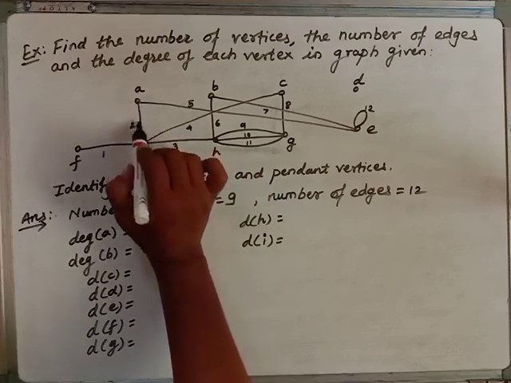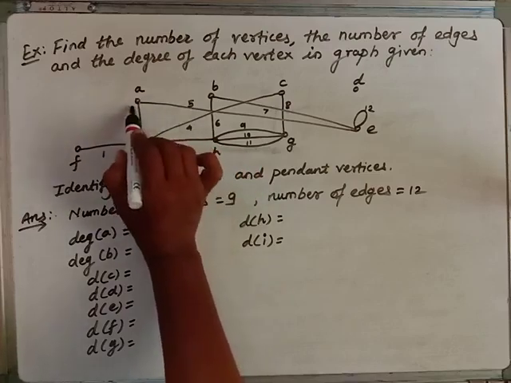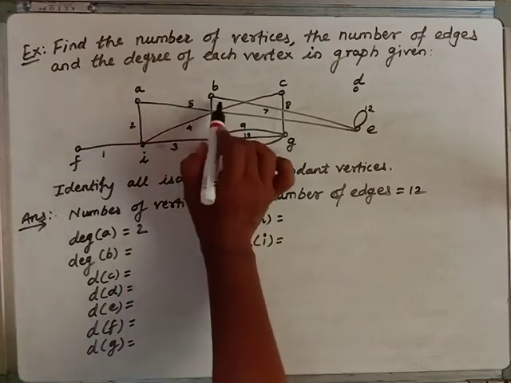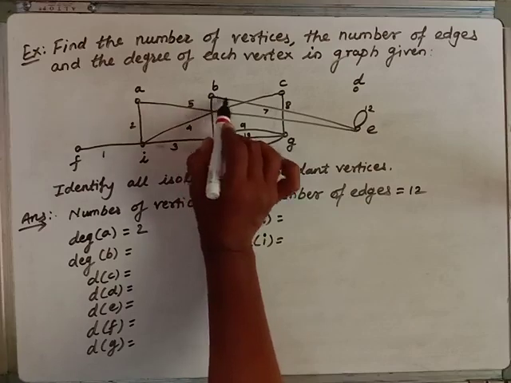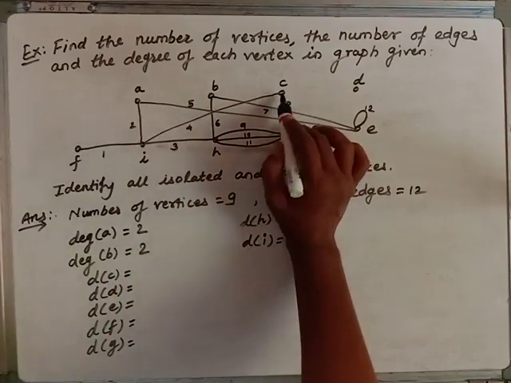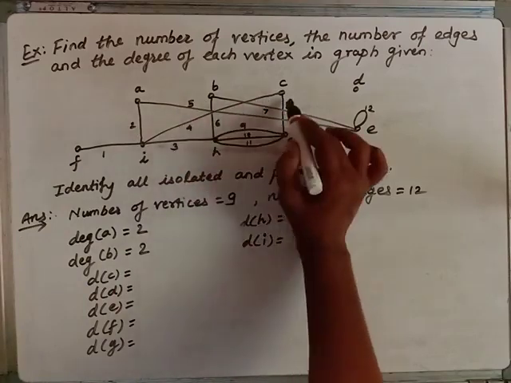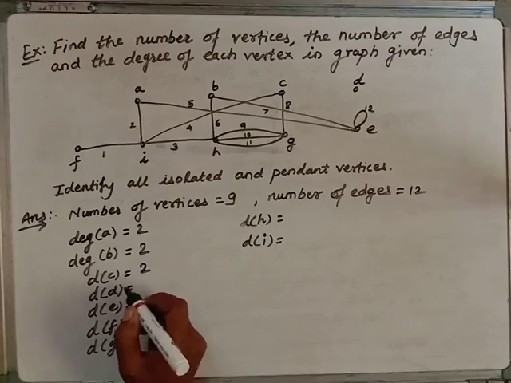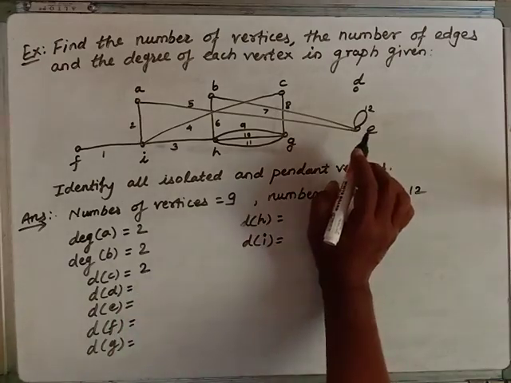This is one edge, this is another edge. So degree of A is 2. On B, look at this, 1 and 2. So degree of B is also 2. What about C? One edge here, one edge here. So degree of C is also 2. Okay. Fine.